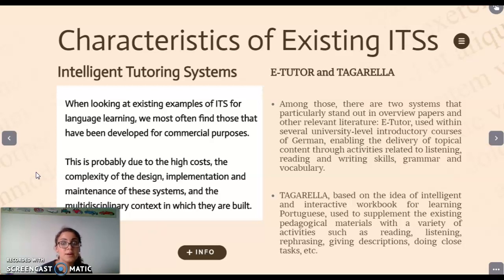And Tagarela is based on the idea of an intelligent and interactive workbook for learning Portuguese, used to supplement the existing pedagogical materials with a variety of activities such as reading, listening, giving descriptions, doing class tasks, etc.